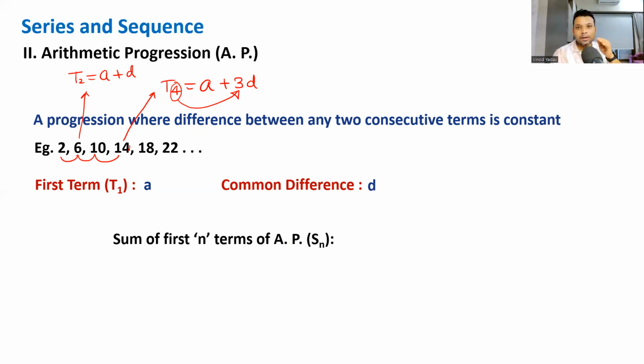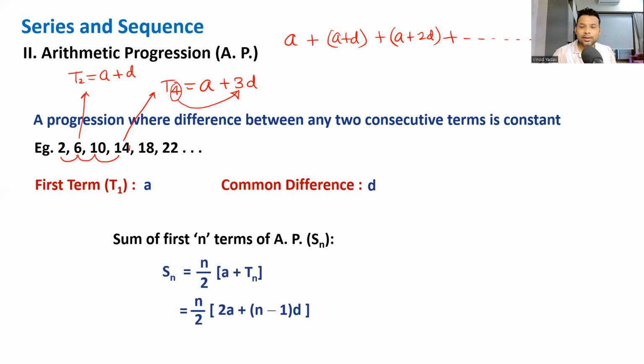Then, of course, we will be needing this also: if we add all the terms of an AP, that is, first term plus the second term plus the third term. To generalize an AP, I just need two things, the start, that is A, and the common difference. So this is Sn, the sum of n terms.